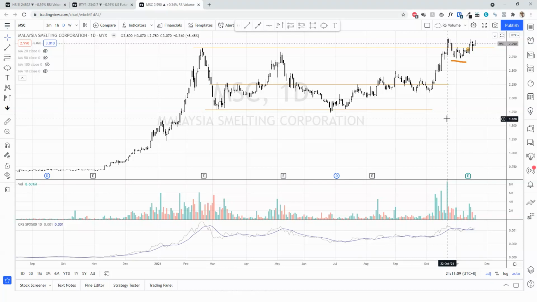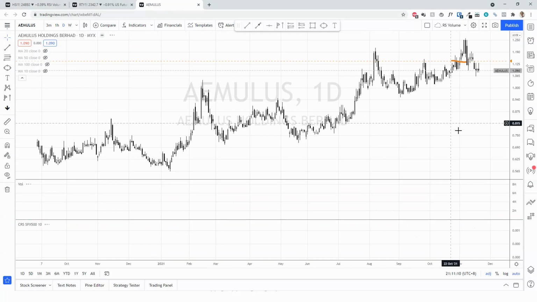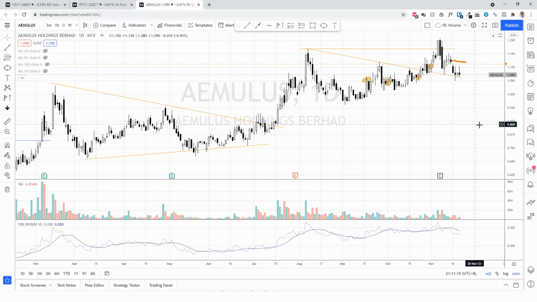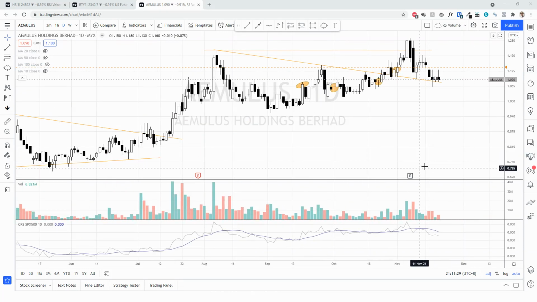Okay, next one is AEMULUS. I covered AEMULUS in a few places. So here, here, here, and here. And finally, just after a breakout, there's no commitment. So we see that there's a failure. I think that's also responding to the earning.